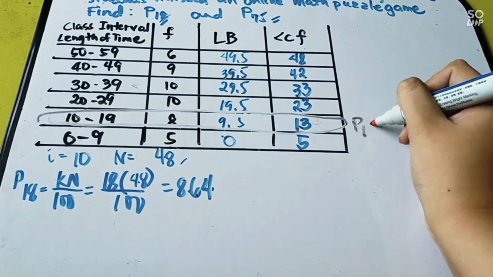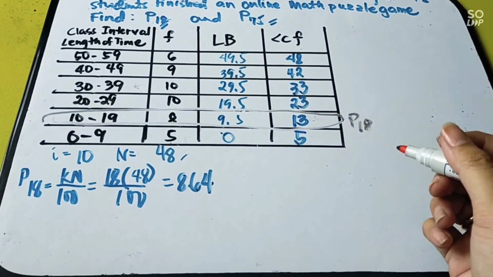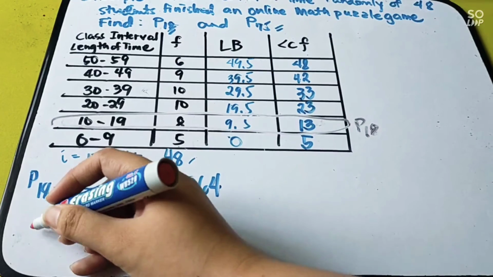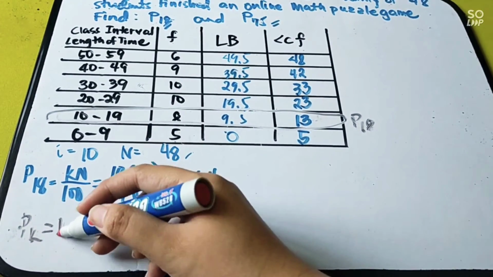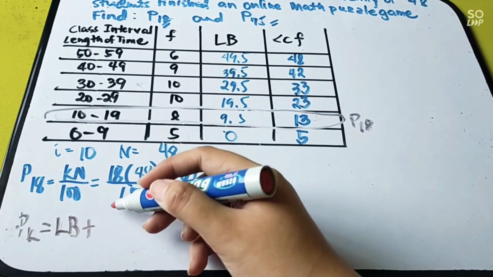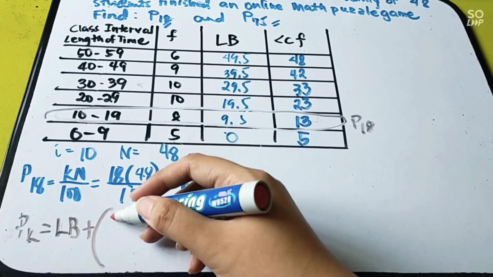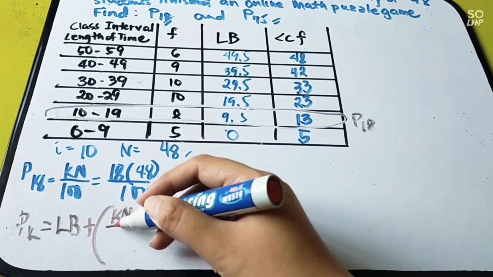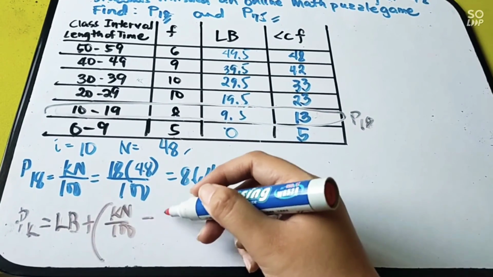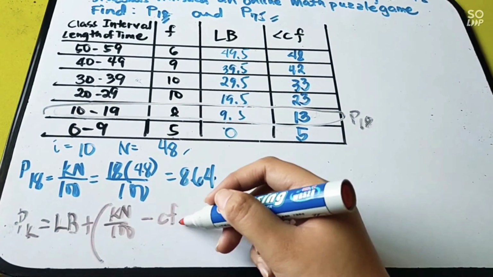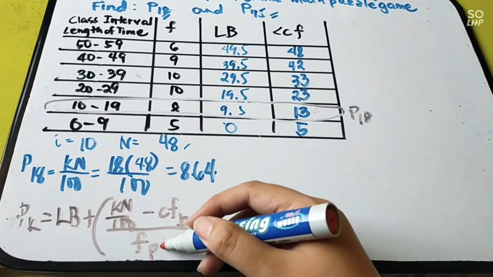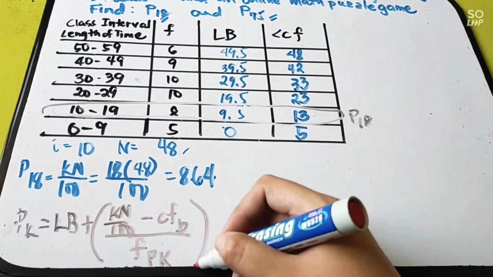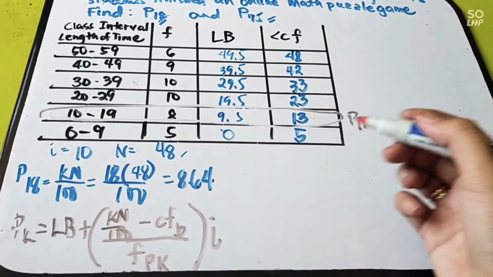percentiles. 18 percentiles. Ayan. Now, let us have your formula. Formula natin, P sub K is equal to LB plus, same lang din, we have Kn over 100, then minus CF before, then over the frequency of your P or your percentiles, then your class interval.